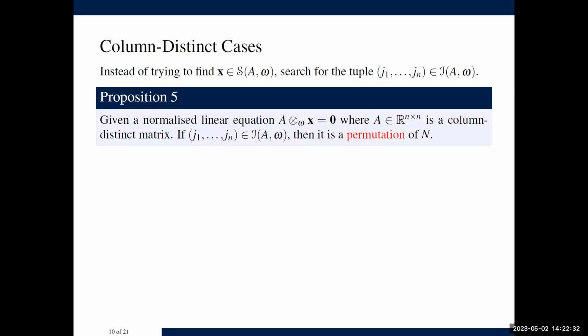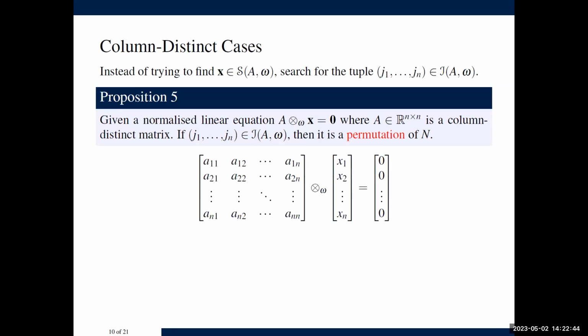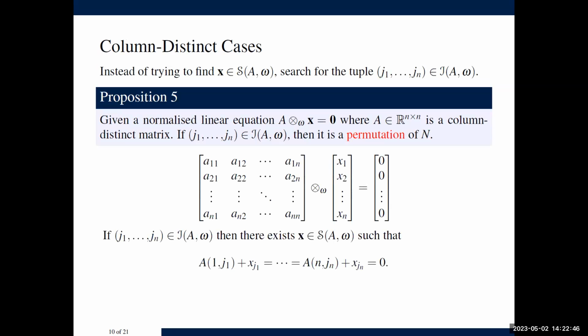Now, the first result we have is if the matrix is column distinct, then the solution index must be a permutation of the set N. So the idea is like this. Because we know that when we multiply the first row with this vector x, the result must be 0.